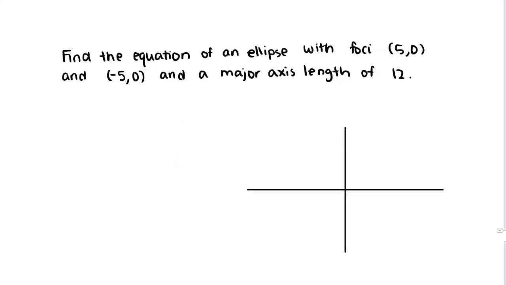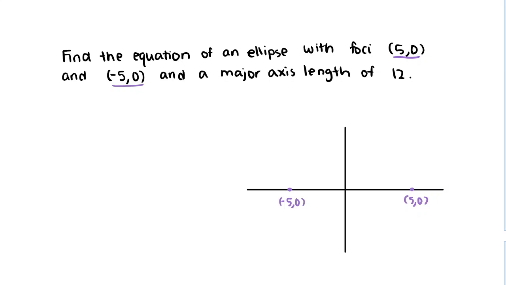And so what if we want to find an equation of an ellipse where we know the foci and we know, let's say, the length of the major axis? Well, here we're saying that the foci are located at 5, 0 and negative 5, 0. So maybe those are these points here, right? 5, 0, negative 5, 0.